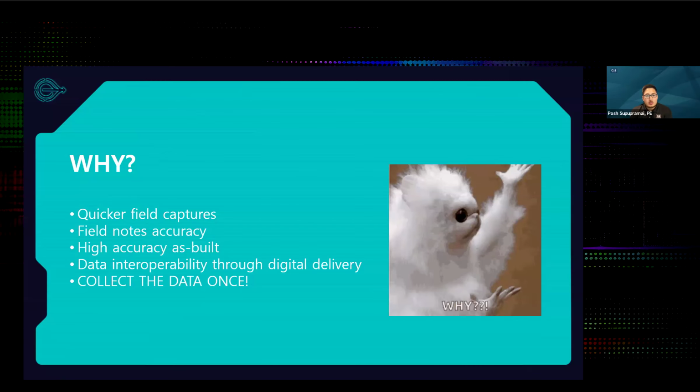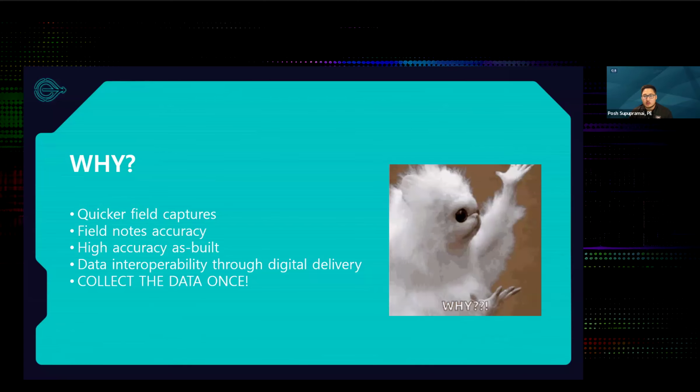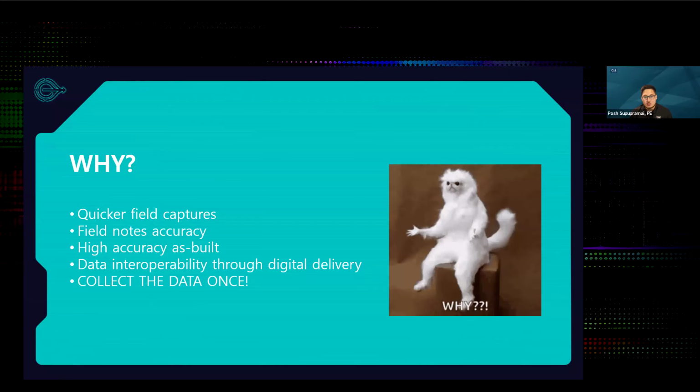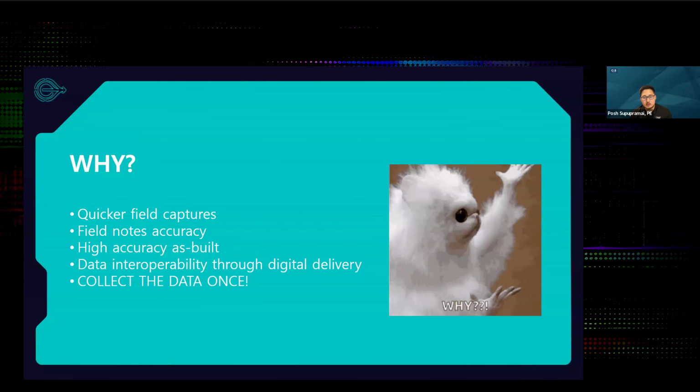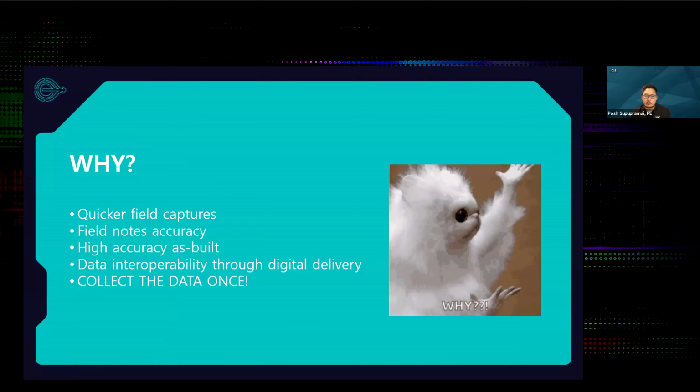So why are we going through all this effort? And the first item is, we always have our phone on us, right? And wherever we go, especially on the field, you're answering calls, but then you can also capture field captures at the same time. So you can pull out your phone, load up field maps, take the photos, take the notes, capture the items.